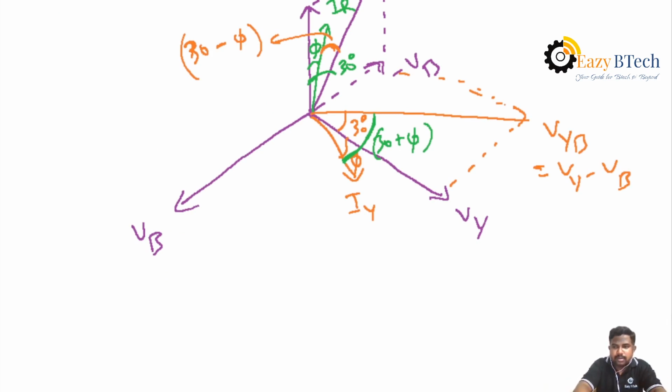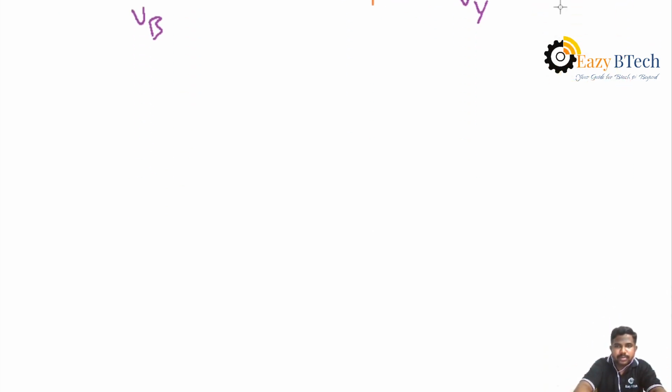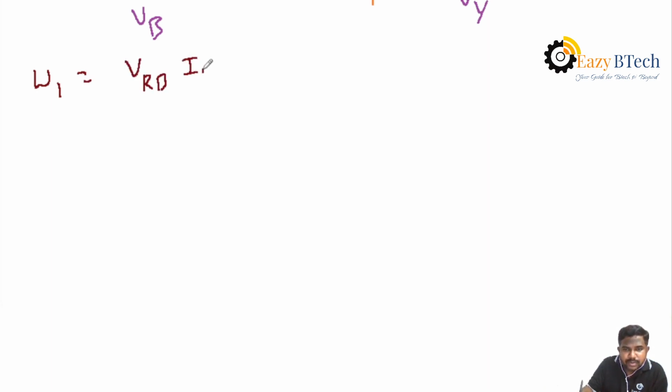We know the reading of wattmeter 1, that is W1, that is VRB IR cos of the angle between VRB and IR.